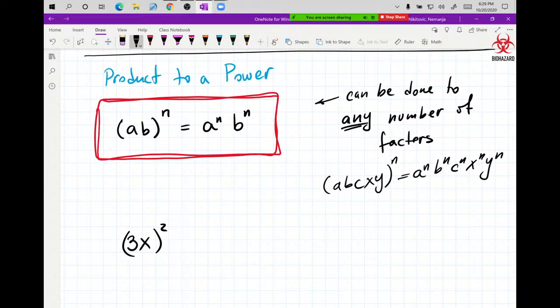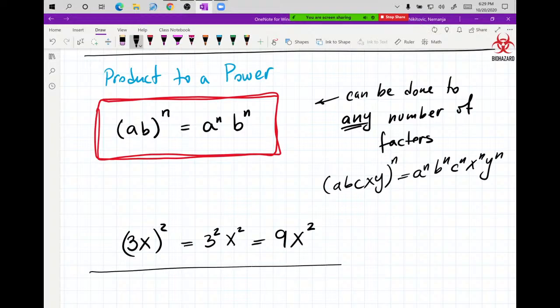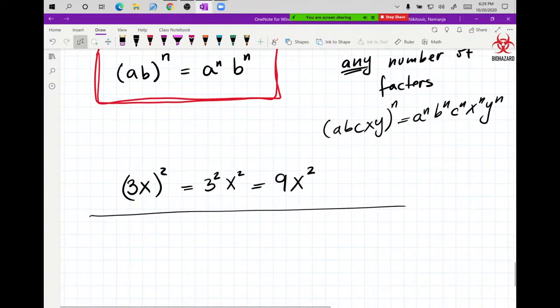By the rule above, 3 gets its own square, and x gets its own square, so it becomes 9x squared. If you had 6x squared, slap yourself to wake up, right? 3 squared is 3 times 3, which is 9. 3 times 2 is 6. Those are completely different concepts.